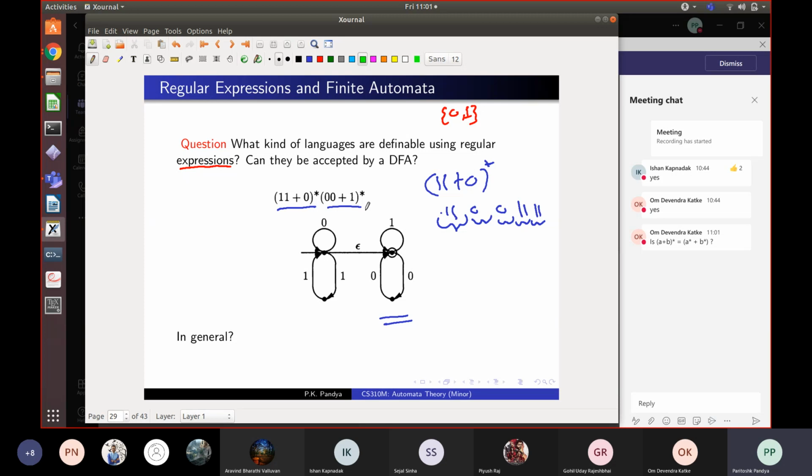And hence, regular expressions only define regular languages, because for every regular expression there is an epsilon NFA, and so there is a finite automaton recognizing it. So the only kind of languages you will get using regular expressions will be, what is it, Ishan?